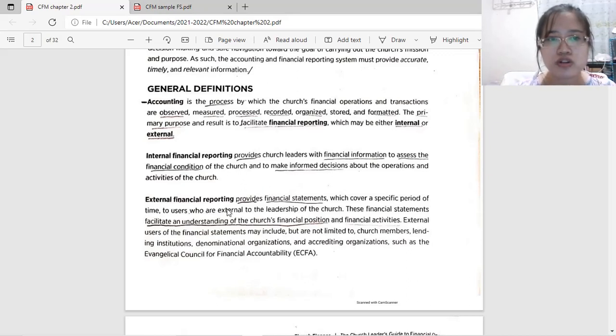For external financial reporting, this follows a certain format in accordance with accounting standards. The reason for that is so that anyone who reads the financial statements would be able to understand them fairly easily. There is an assumption that users of external financial reports have a basic knowledge of how financial statements are prepared.